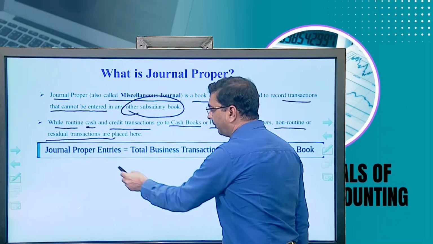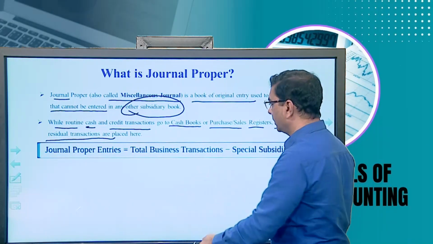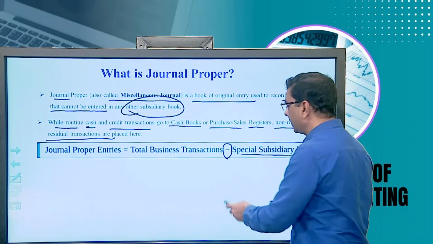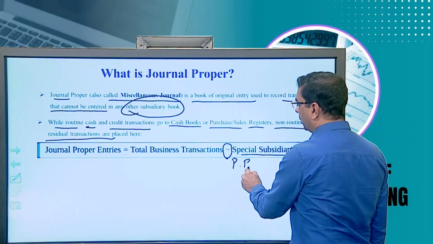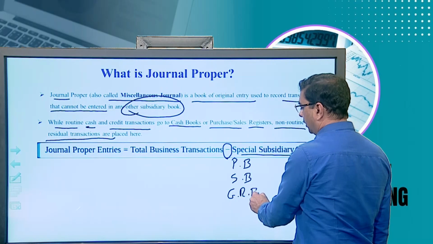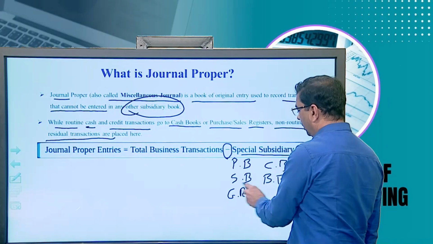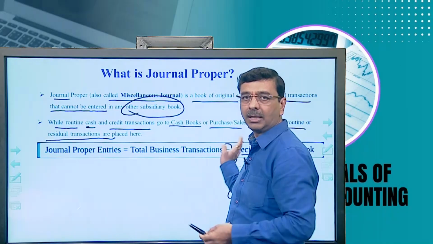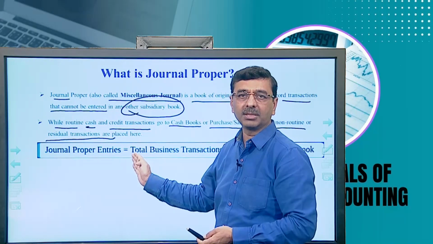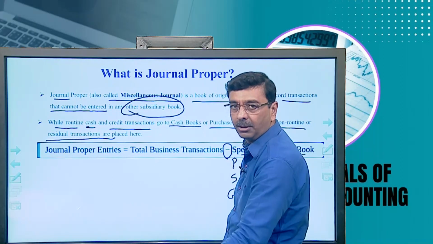Journal proper entries are very clear: the total business transactions minus the special subsidiary books, like purchase book, sales book, goods return books, cash book, bank book, etc. All these subsidiary book transactions are deducted from the total business transactions, and the remaining transactions will be recorded in the journal proper.